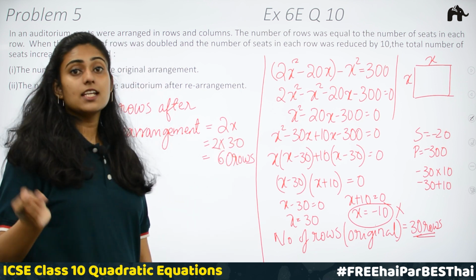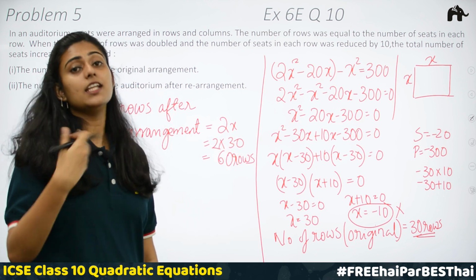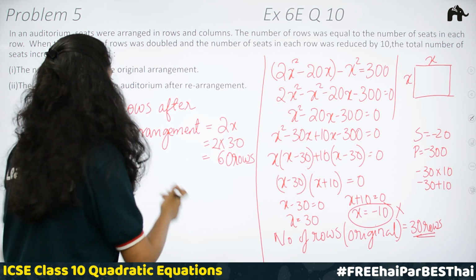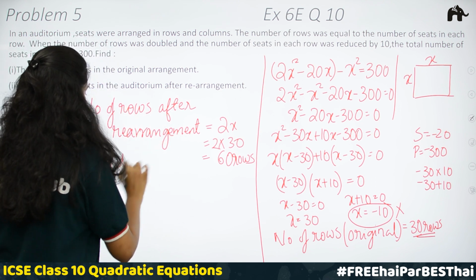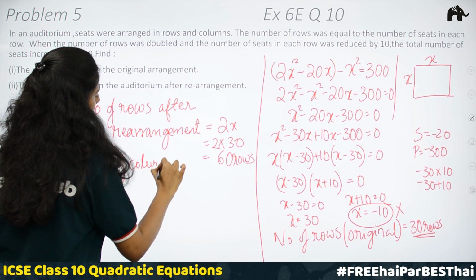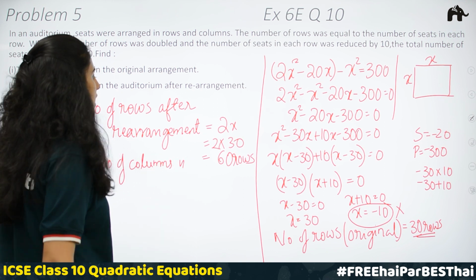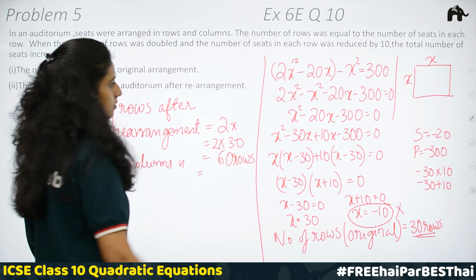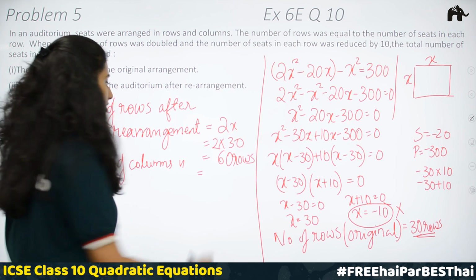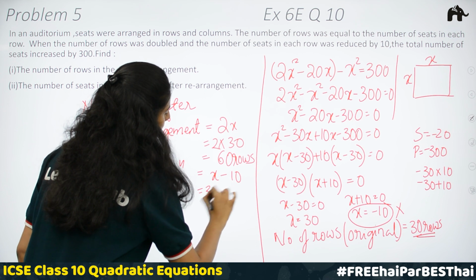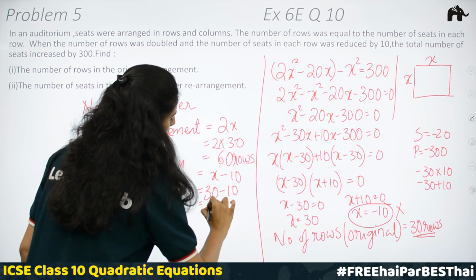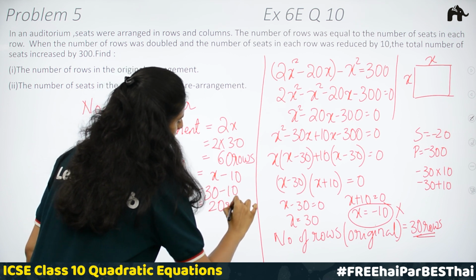Next, number of seats in each row, that is number of columns after rearrangement, is equal to x minus 10, that is 30 minus 10, which is equal to 20 seats.